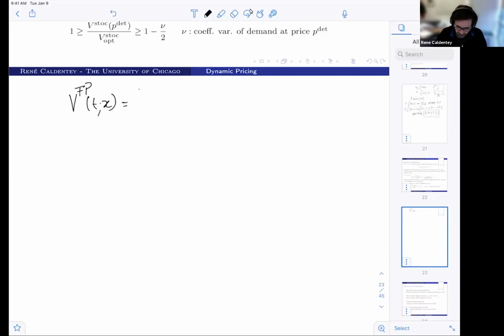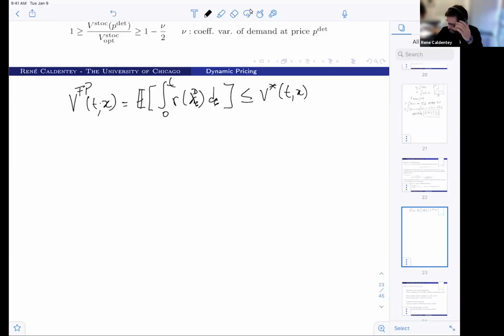And again, because of the definition, this policy is just the integral from 0 to t of R of lambda, I'm going to call it D, which is the intensity under that deterministic policy, D tau, subject to, and then we don't need to worry about the constraint because this policy is obviously admissible. And then we of course know that this is less than V star because V star is the optimal, all right?